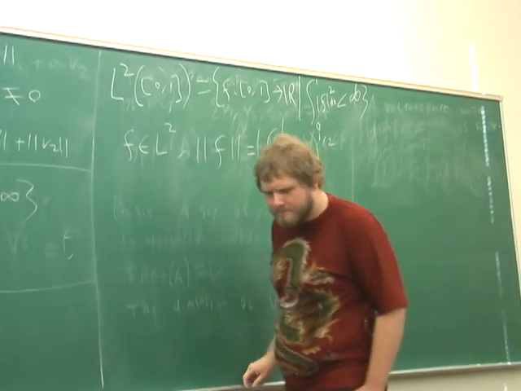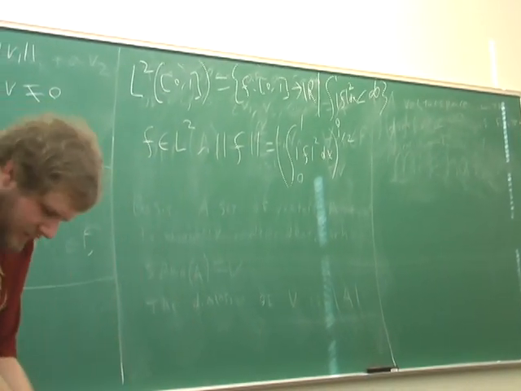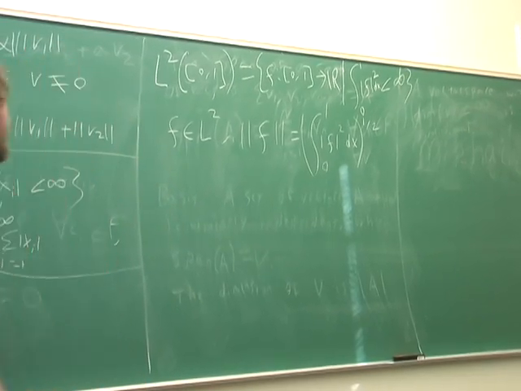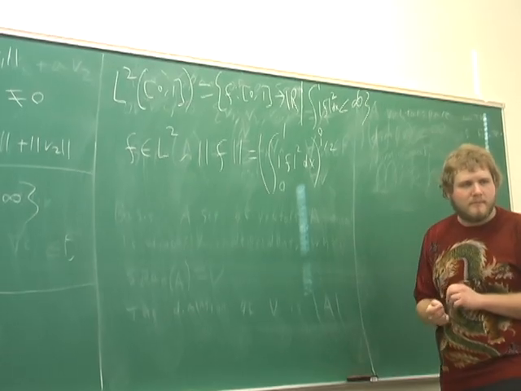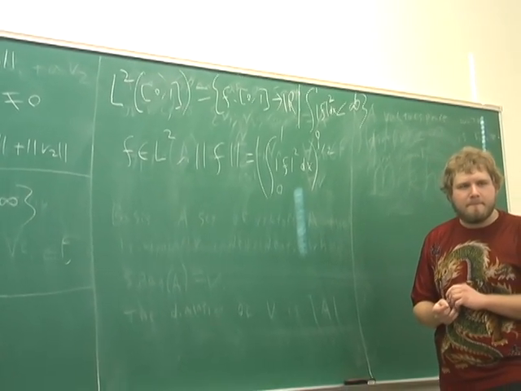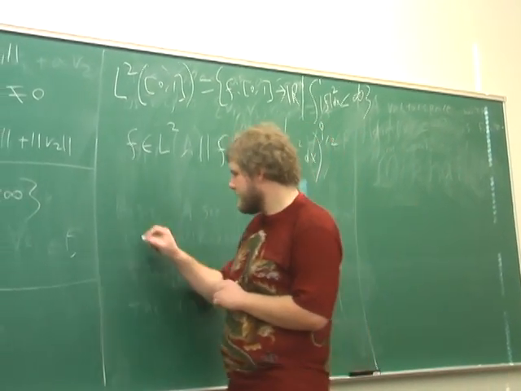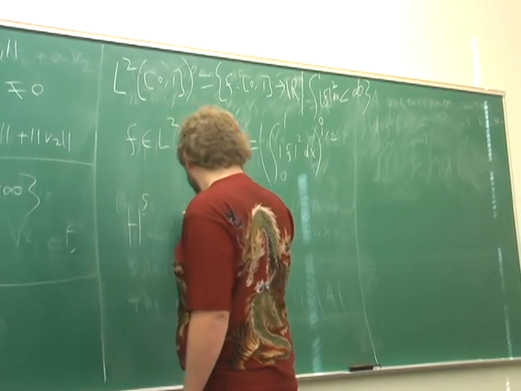Let me see. Is there anything else? Oh, right. So we immediately get from... well, let me give you an example, which is called Sobolev space, H^s. Just write H^s on the interval 0, 1.